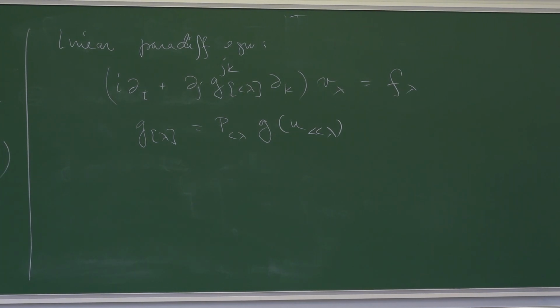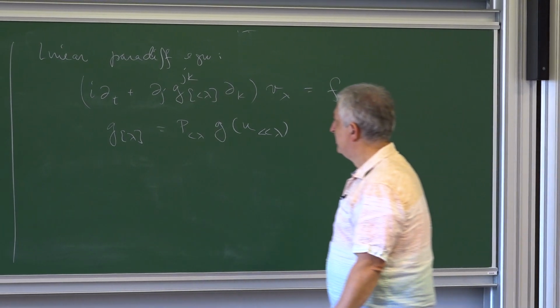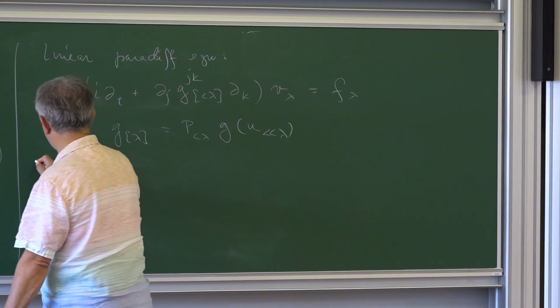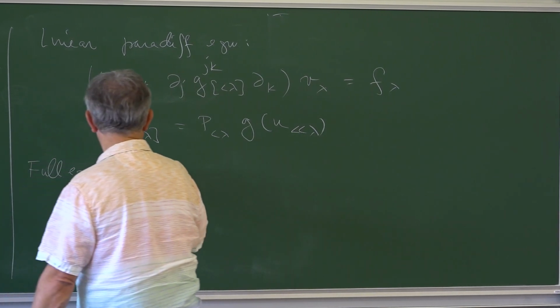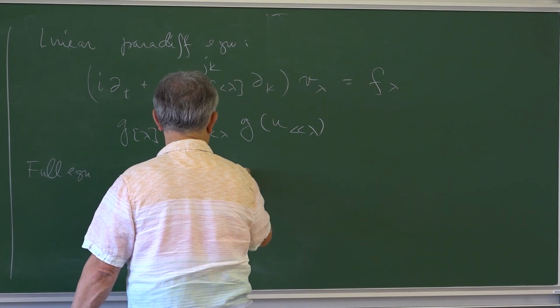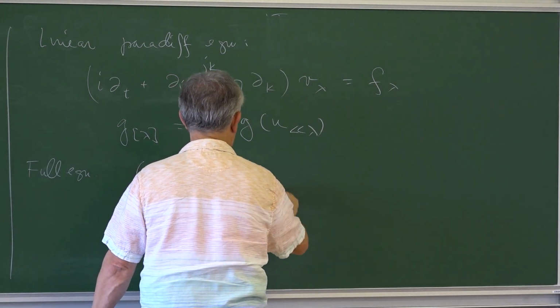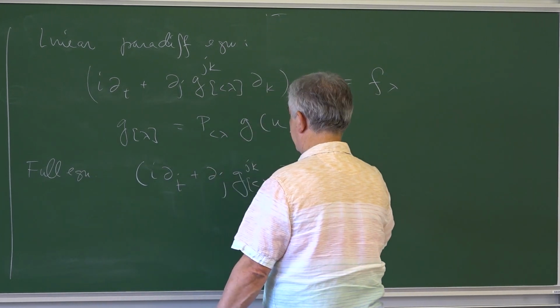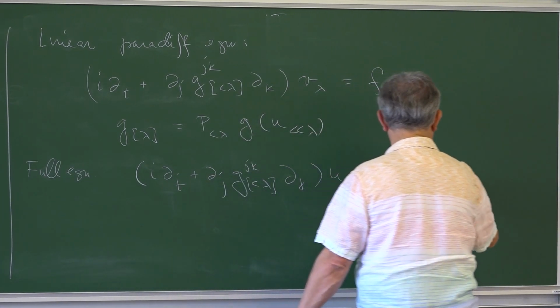It was more important in one dimension. And then using this linear paradifferential equation, we can write our full equation as a paradifferential equation with a source term: i∂_t + ∂_j g^{jk}_{<λ} ∂_k u_λ is equal to some N_λ(u).